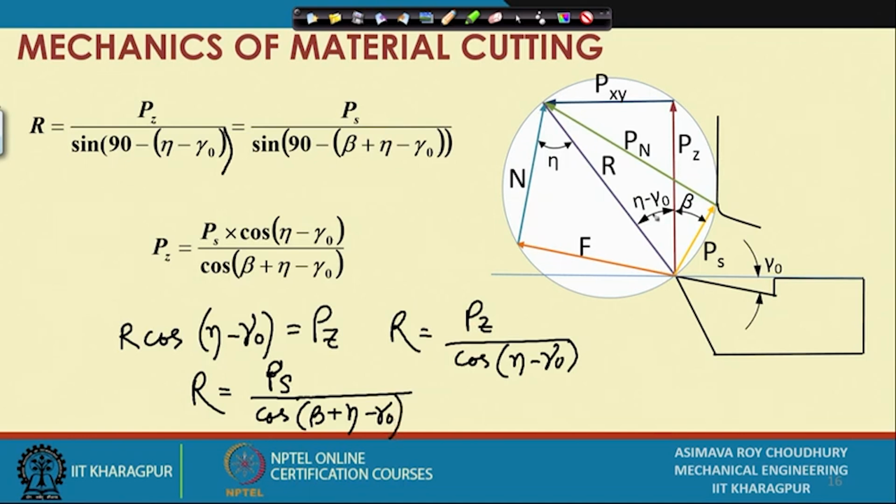Why is this so? Because this whole angle is in between Ps and the resultant.